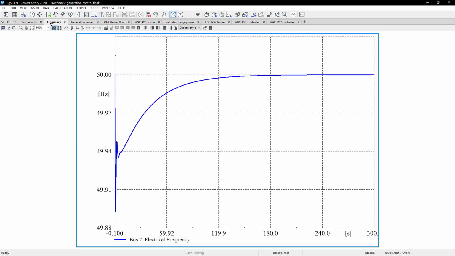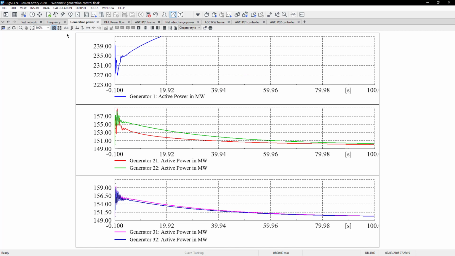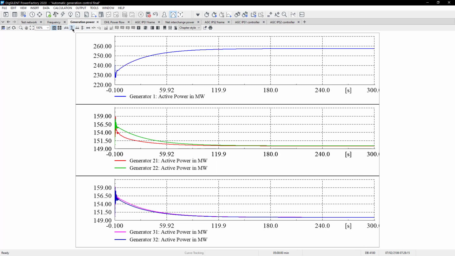The frequency is recovering. But how is the frequency recovering? Well, because of the generation units, as you can see over here. In some generation units, the active power suddenly increases during the transient, or decreases depending on the location, okay?